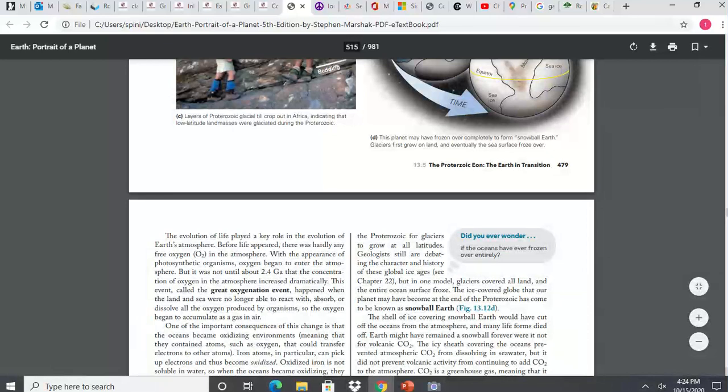Rocks and things on the surface of the planet can't absorb any more oxygen. So the only place it has to go is into the atmosphere. So now the atmosphere is beginning to change, isn't it? That sulfur dioxide is being absorbed and taken out of the atmosphere. Some of that other nasty stuff is also leaving and being replaced by a new gas called oxygen.